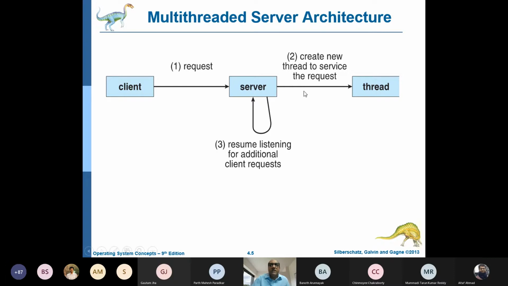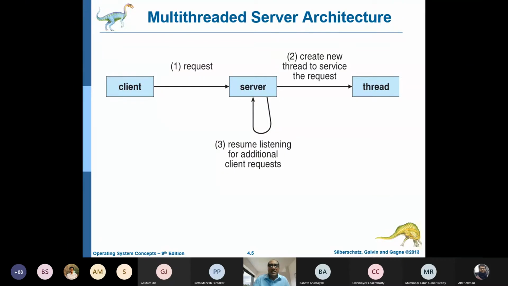So that way, earlier, before the concept of threads, the server process used to create a child process, and the child processes were used for serving the multiple client requests. But as we know, creating a child process is a heavy process.